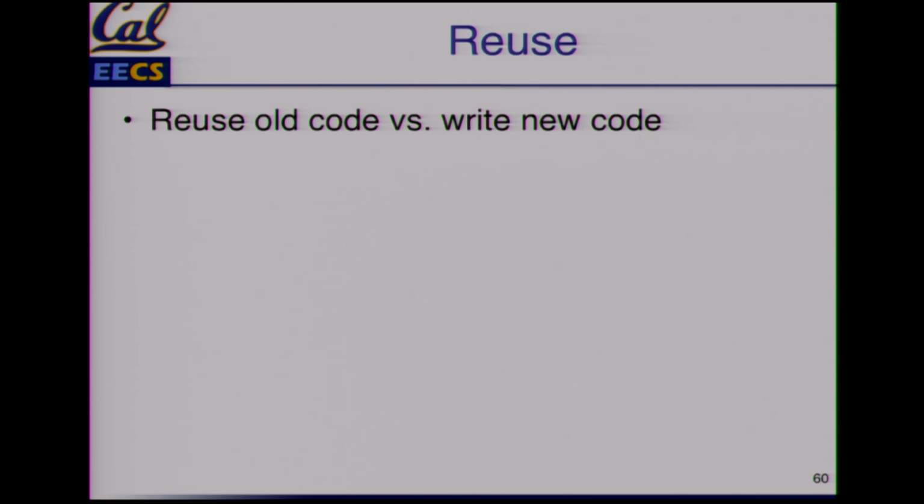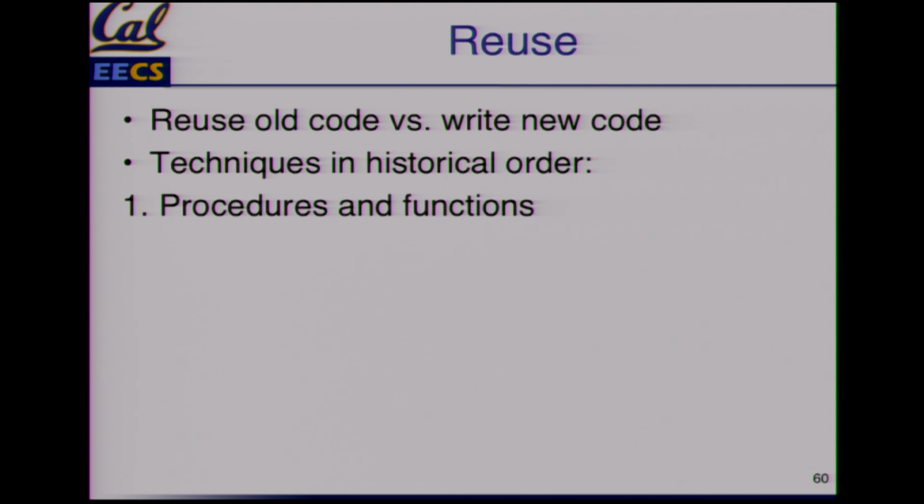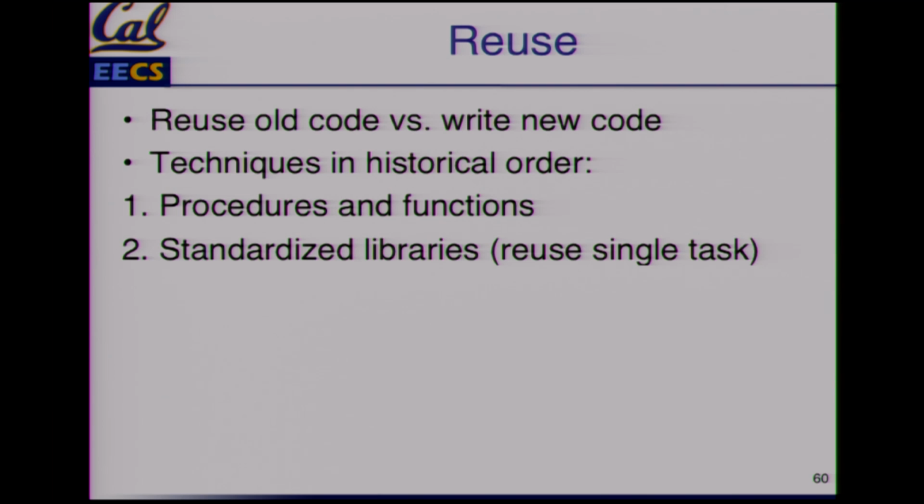Reuse is one of the main ways we do that: rather than write everything yourself, reuse code that exists. From the very earliest days, people realized that, so they came up with procedures and functions so you could write it once and not have to write it repeatedly through your program. Then those evolved into standardized libraries so that one person could write it and lots of people could use it.